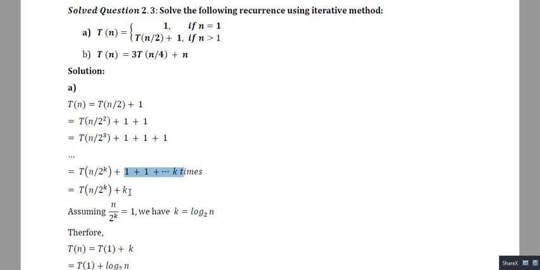Right. So now let us assume that the value of this n/2^k is 1 after kth iteration. Or you can say after kth iteration, this turns out to be 1. So n/2^k is equal to 1 implies we can say n equal to 2^k, or you can say k equal to log n base 2.